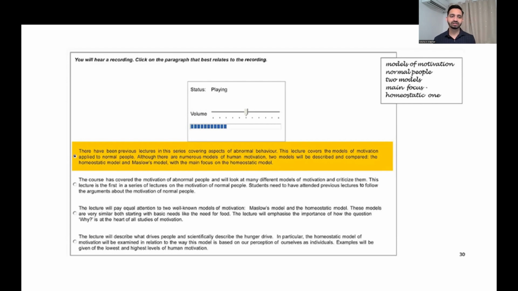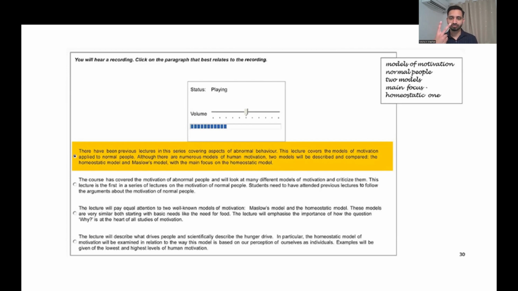So I'm going to read the summary here. There have been previous lectures in this series covering aspects of abnormal behavior. This lecture covers the models of motivation. So we've got models of motivation applied to normal people. We've got normal people there as well in our keywords that we noted down. Although there are numerous models of human motivation, two models will be described and compared.